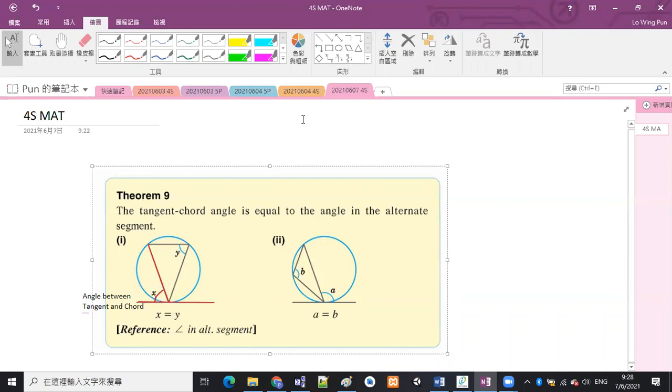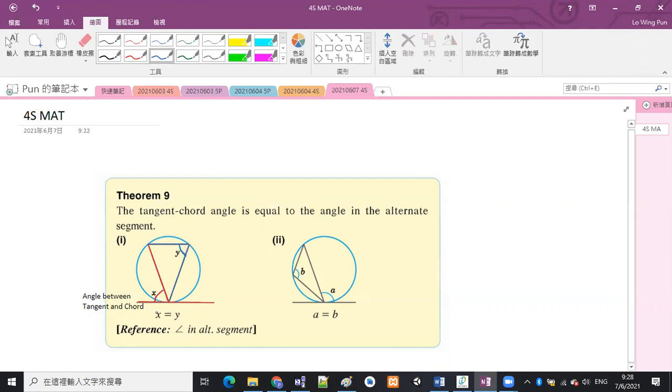And then there is an angle at circumference looking at this chord. That is this angle y. Can you see this? This angle y is looking at this chord.